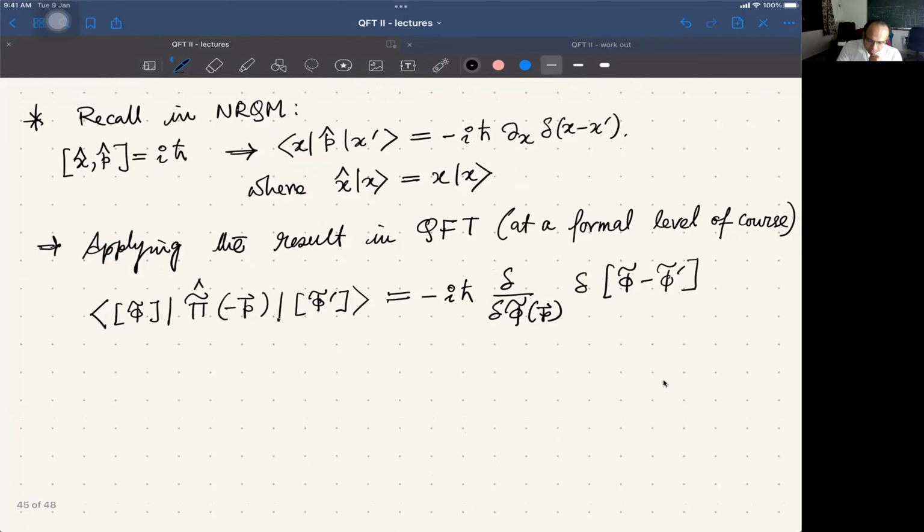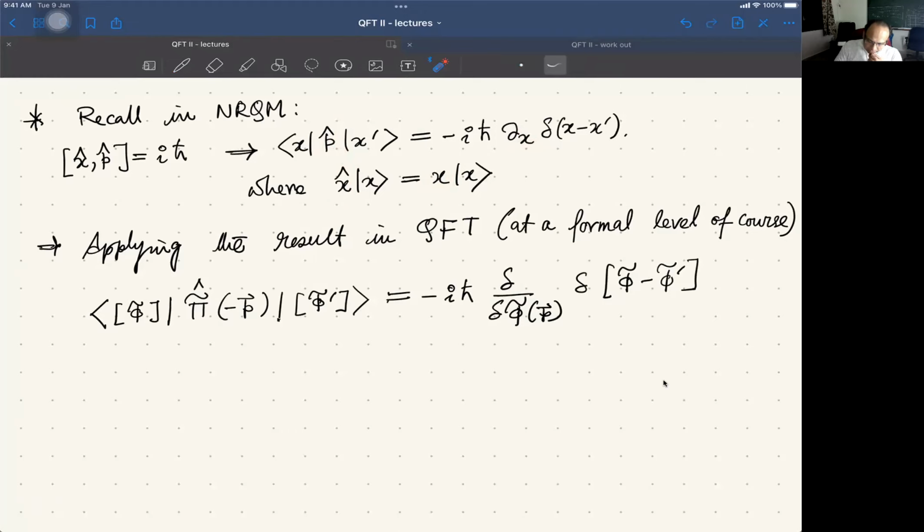Okay, so how am I applying this? This x is the eigenvalue corresponding to the x operator, which is conjugate to p, right? So that is how this p and that x are related.